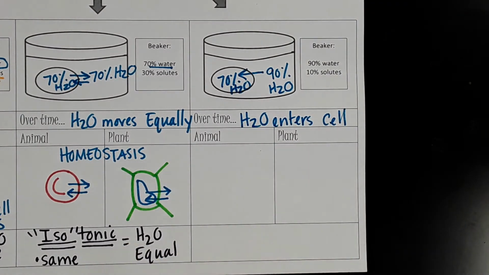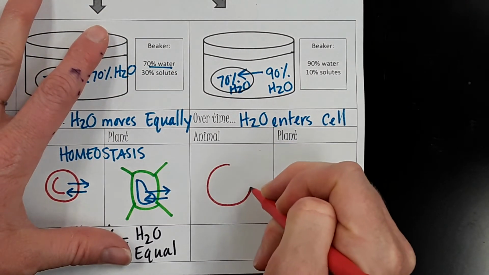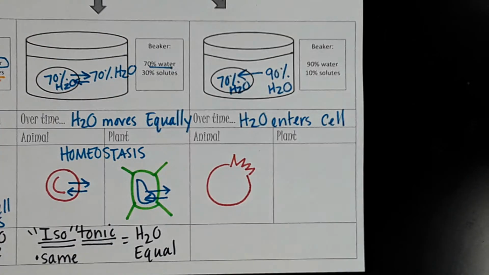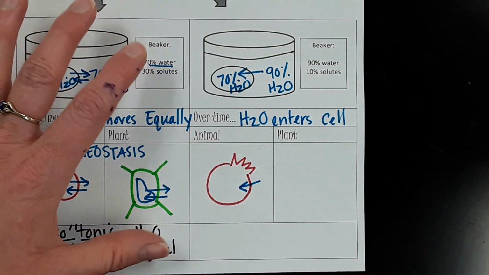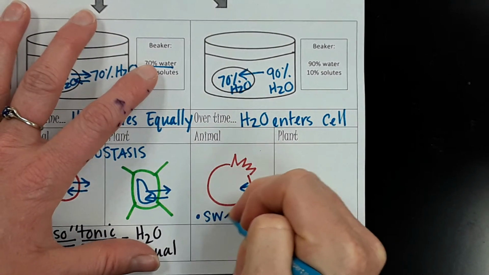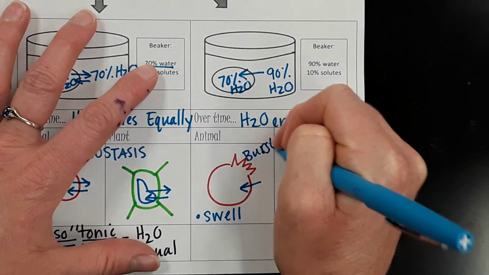Now an animal cell does not have a cell wall to give it structure. So what can happen to our animal cell is it can fill with so much water that the cell will actually burst open. So this cell will swell, and it could actually burst. It could potentially burst.